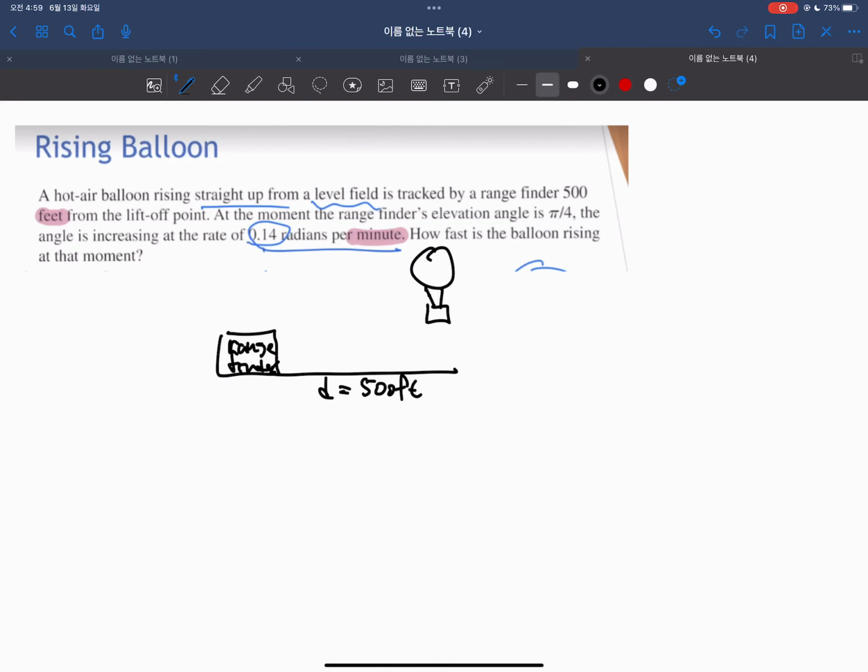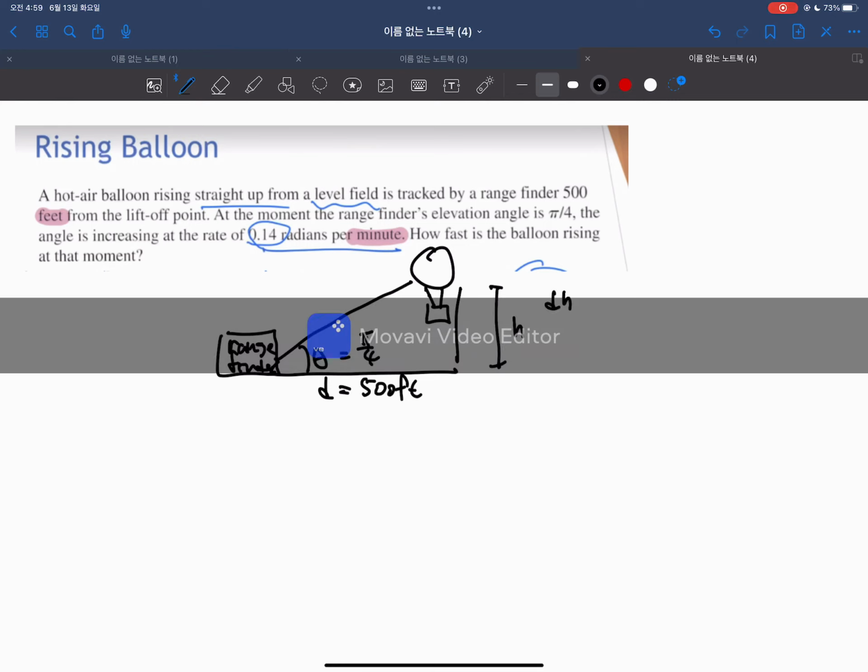And then the angle theta will be pi over 4. This is going to be h, and we need to find dh over dt. And we know that d theta over dt is 0.14 radians per minute.